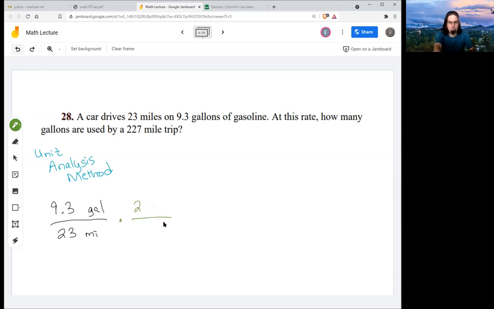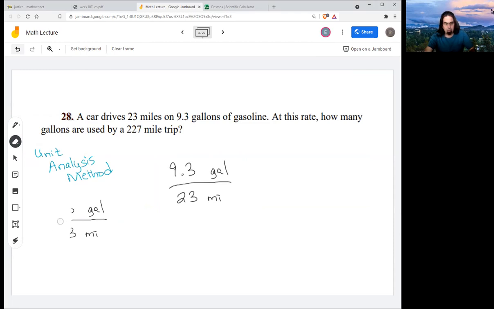Actually, I'm doing this wrong. I'm sorry. The way I have done this before, I should be consistent. So I'm starting with one thing, the 227 miles. It's not a fraction, so I put it over 1.